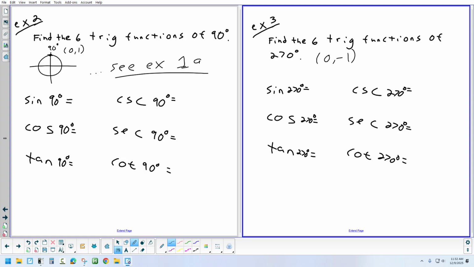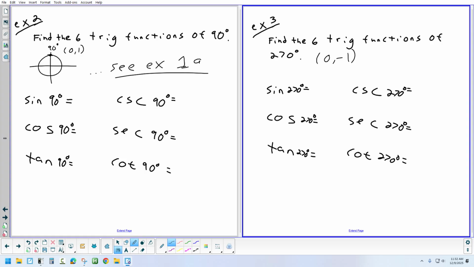So if you have to calculate every one and you're spending like 30 to 40 seconds doing every one, you'll never get 20 done in 2 minutes. But if you have the unit circle memorized, you can give 20 answers in probably 40 seconds. Maybe it takes you 1 to 2 seconds per problem. It's basically just coming from memory. The only thing slowing you down is actually writing it, but you're not having to think about it.